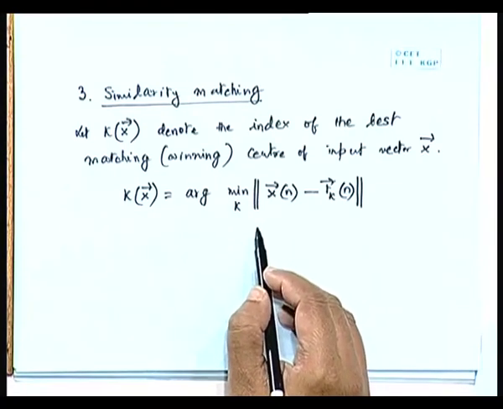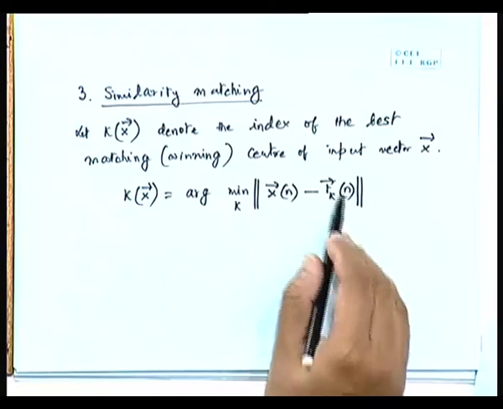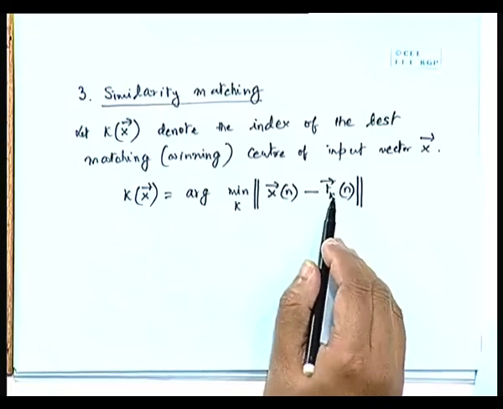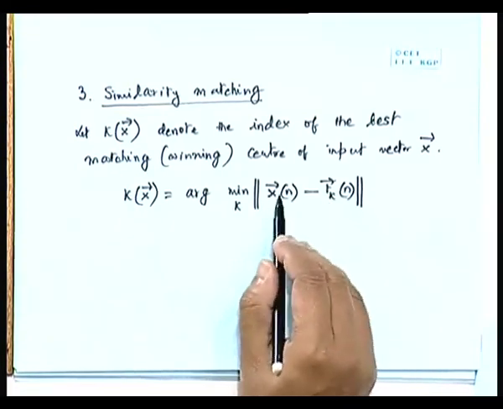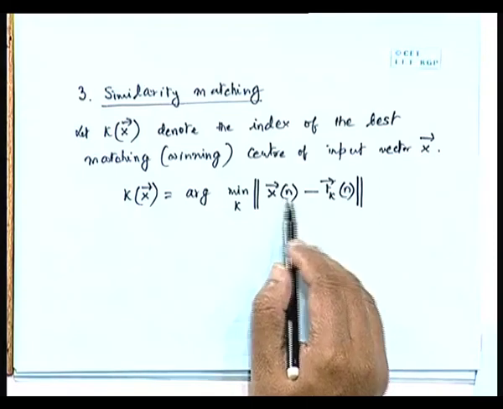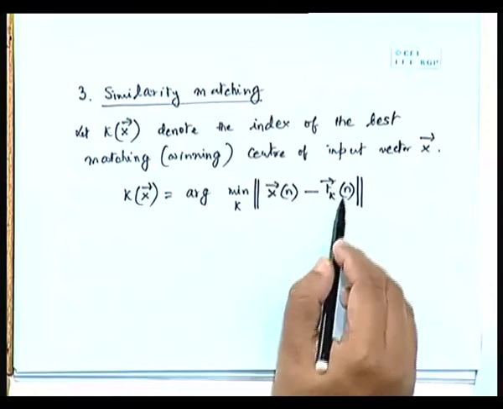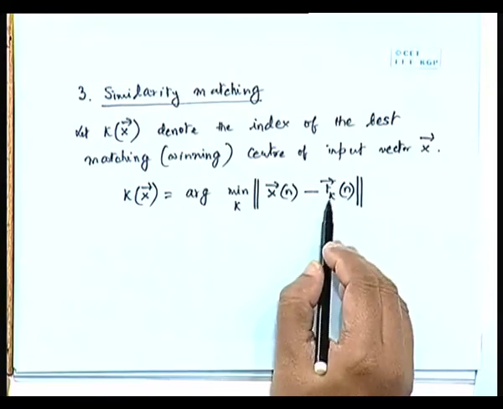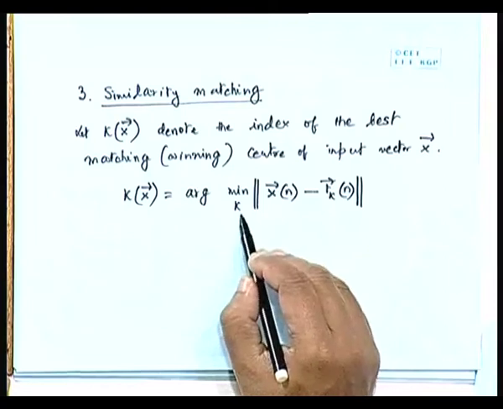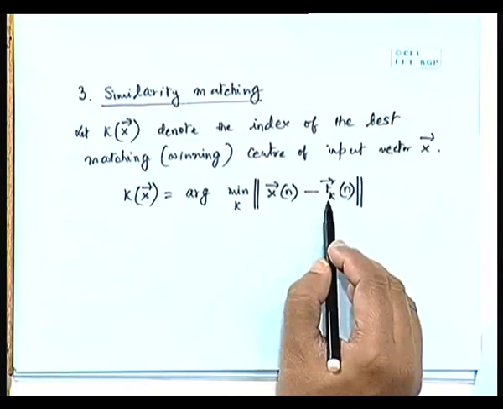That means for all the competing centers, given a pattern x at iteration n, we have to find its distance with all the competing centers, whose index is k.